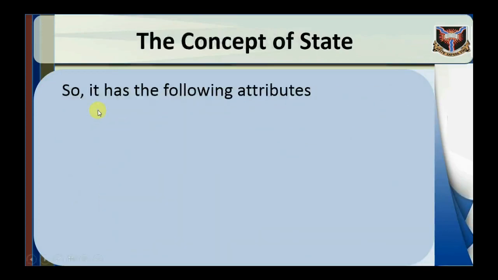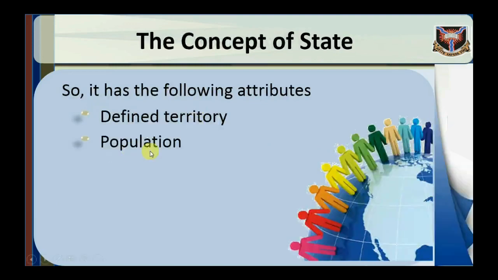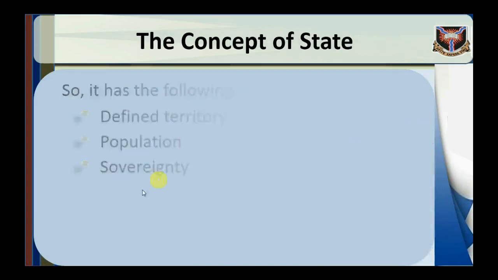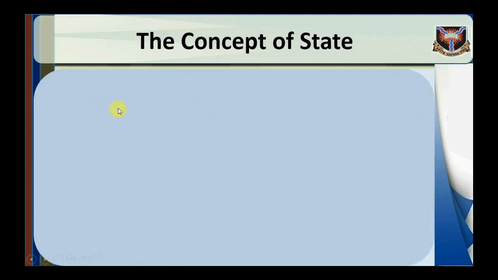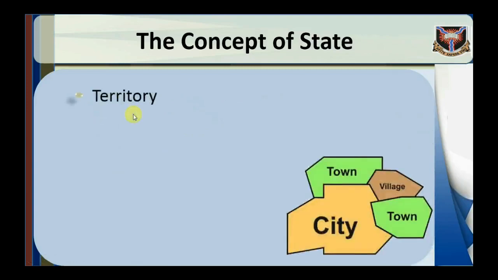A state, therefore, has the following attributes. 1. Defined territory. 2. Population. 3. Sovereignty. 4. Territory. 5. People. 6. Government.